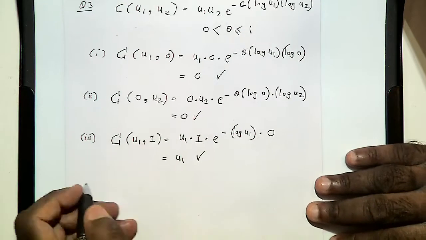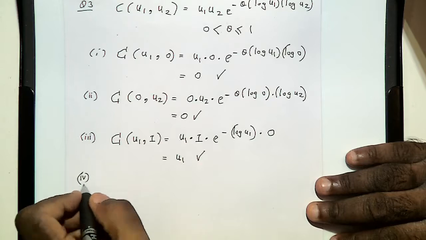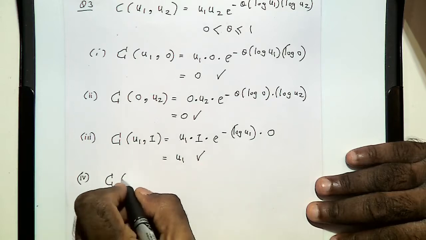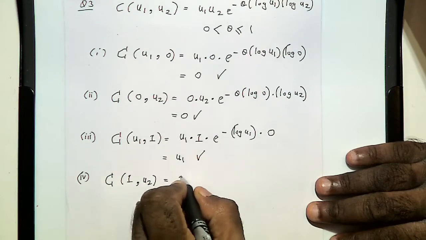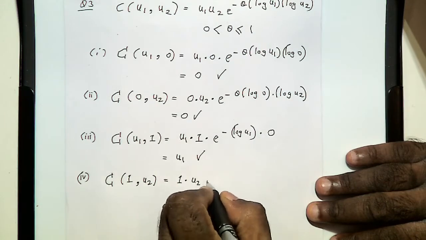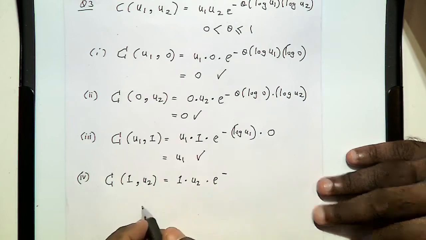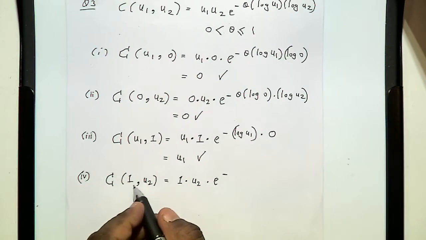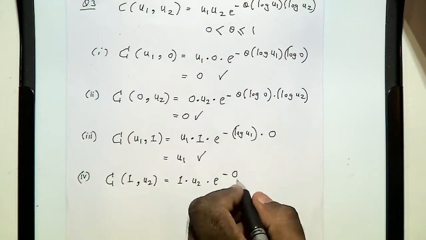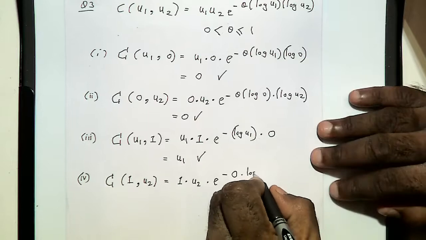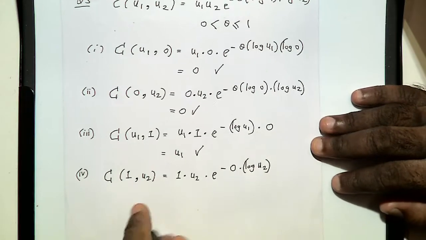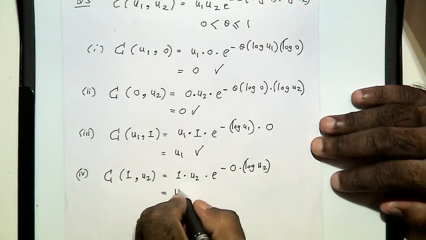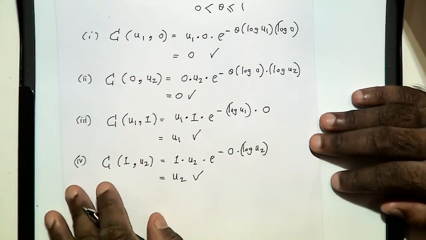And condition 4, again, log of U1, because U1 equal to 1, log of U1 is 0, which is log of 1, which is 0. Okay, and this becomes equal to U2, and hence condition 4 is satisfied.